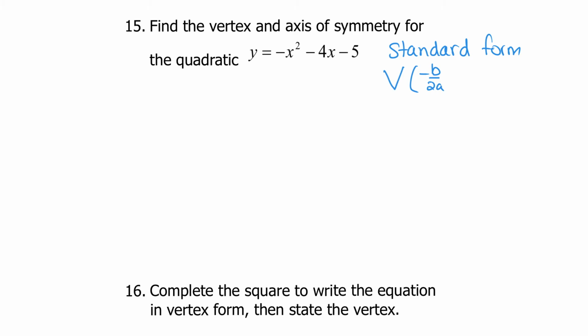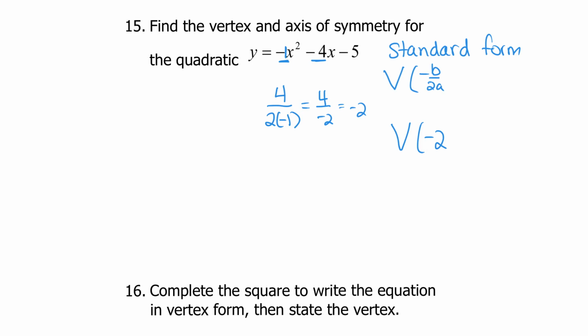So my b is -4. When I do the negative of -4, that's +4. And then I'm going to do 2 times my a value, which is -1. So that's going to be 4 divided by -2, which is equal to -2.